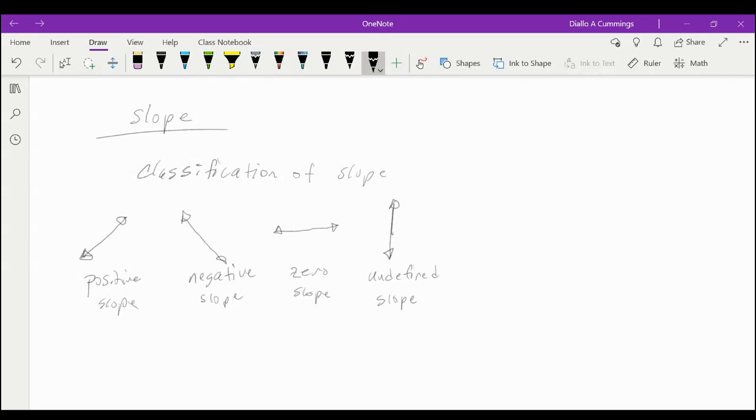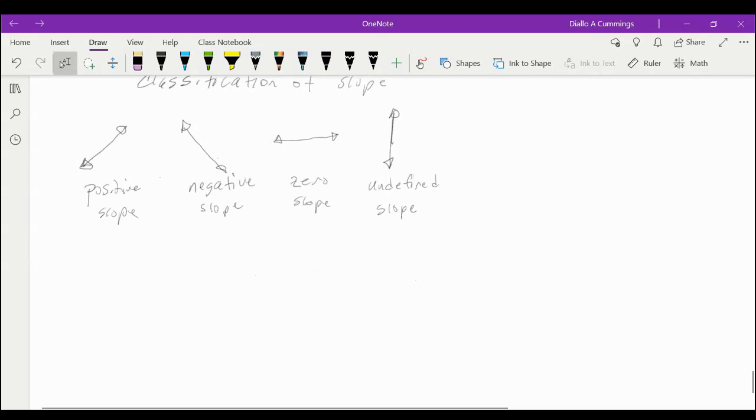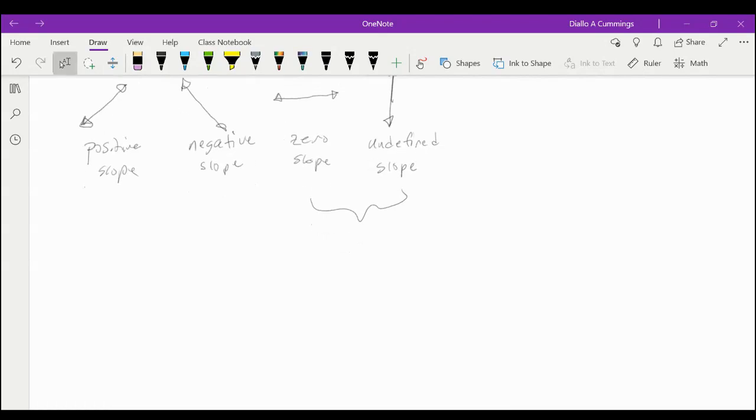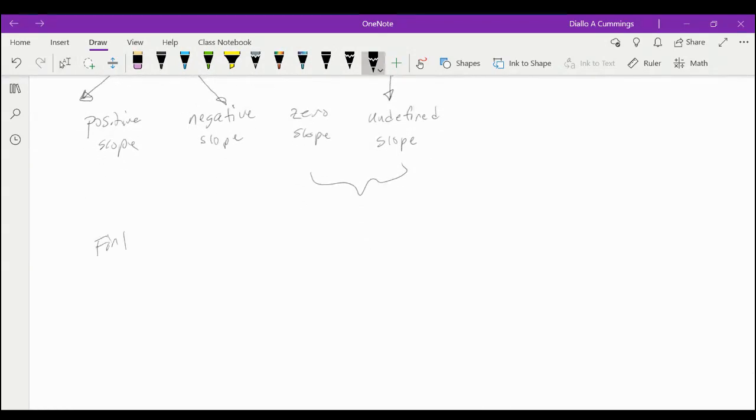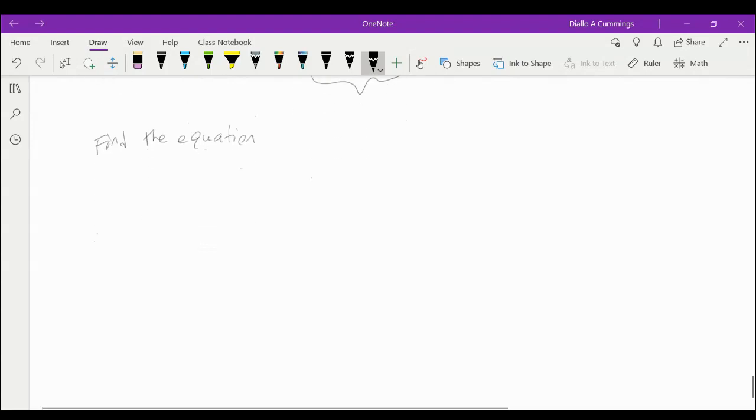The first thing I want to talk about are these two special forms of slope. So we're going to look at this first, the zero slope. Let's say find the equation. I'm just going to be drawing some really rough sketches. So this is an x and a y axis.